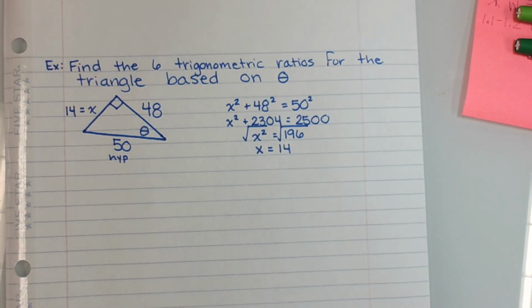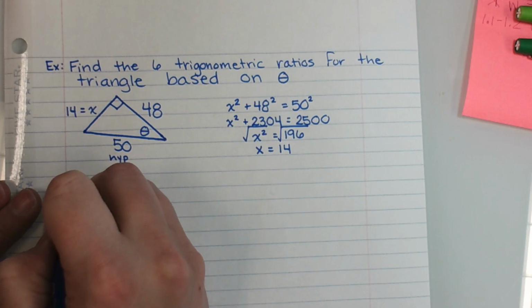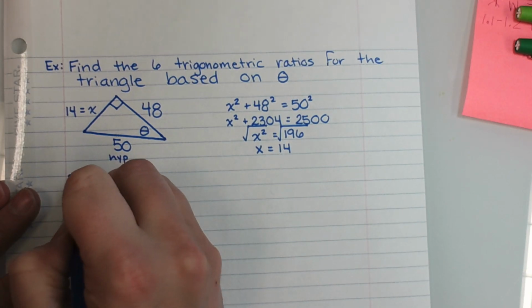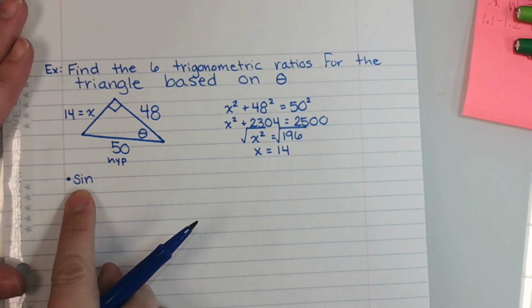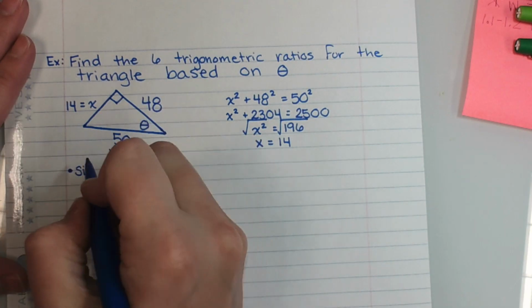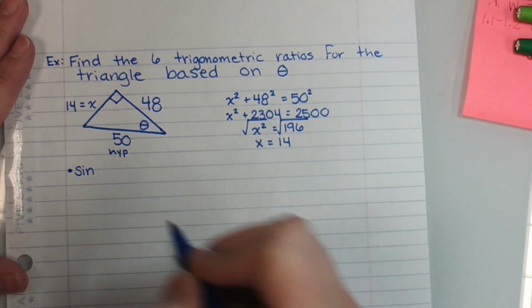Now I can start writing my trig ratios. When you are writing the trig ratios, again, I'm going to emphasize, it goes trig ratio of an angle. You do not just write sine or sin, it is sine of the angle you're referencing, in this case, theta.